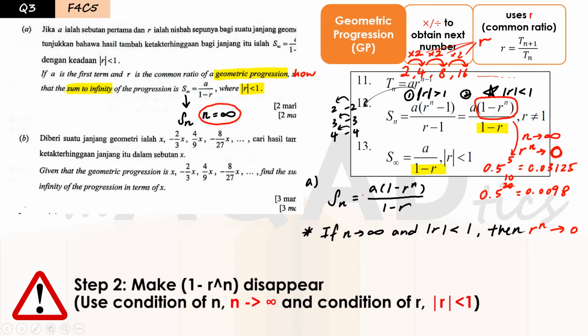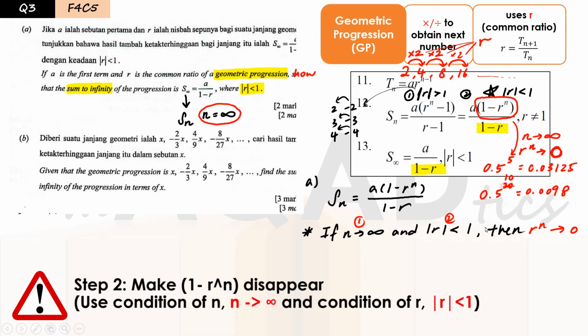Just now we've mentioned that if n approaches infinity, which is the value 5, 10, 20, and then 40, and the value of r satisfies this condition, 0.5, so we need to write out the r condition, then r to the power of n will approach 0. So we need to have these two things in place, the condition of n and the condition of r. So r^n will approach 0.